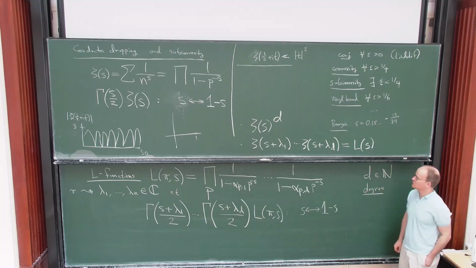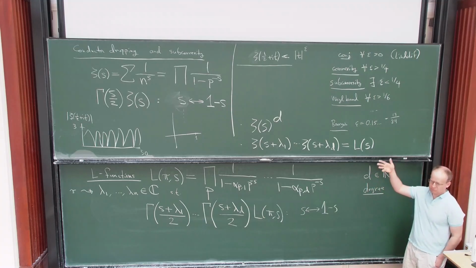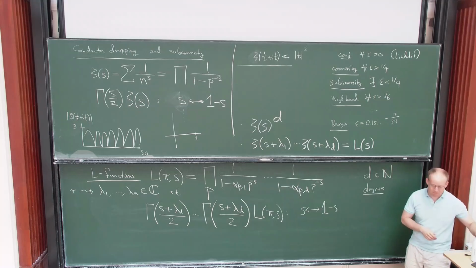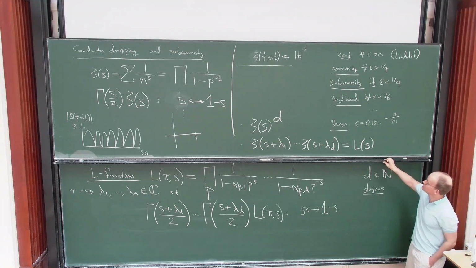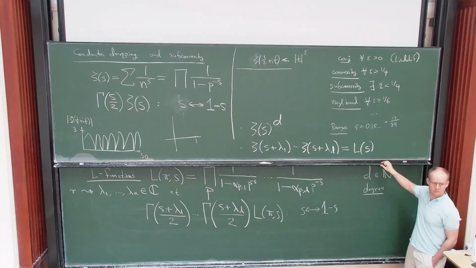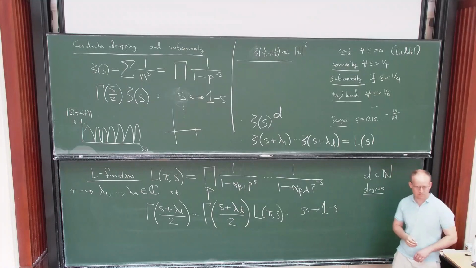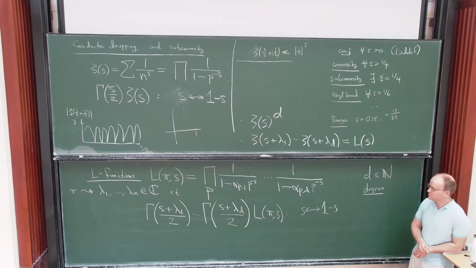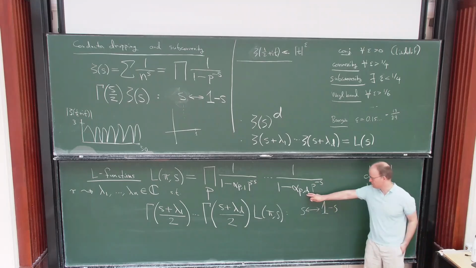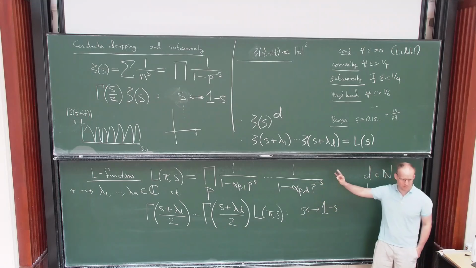Are there any questions about just what I've said so far? Maybe it's fair to say that not any choice of such parameters will lead to something that deserves the name L function. Yeah, that's a good point. Yeah, only very, very special choices here.